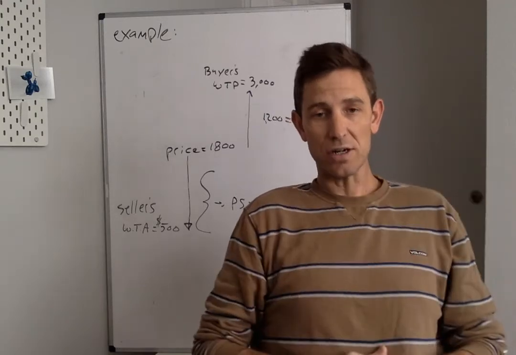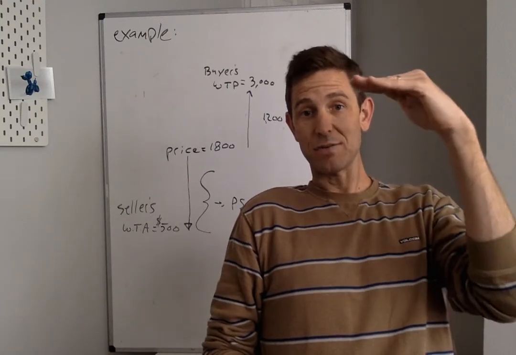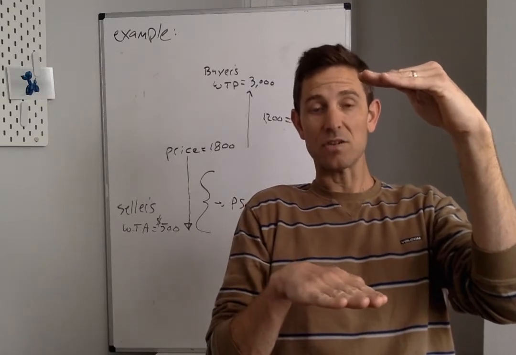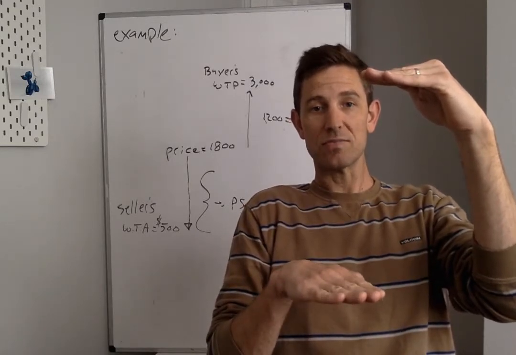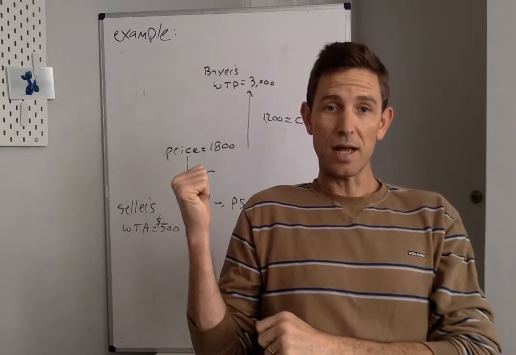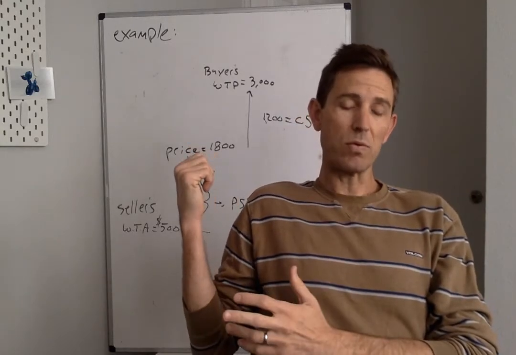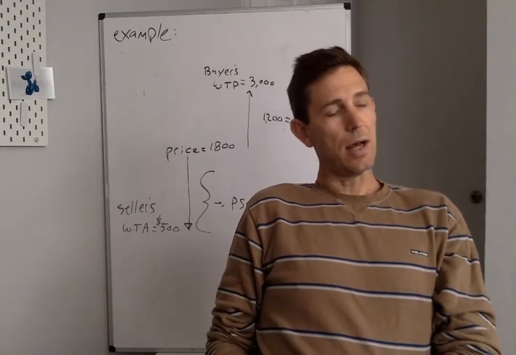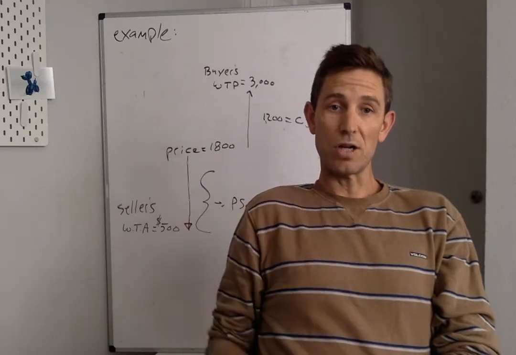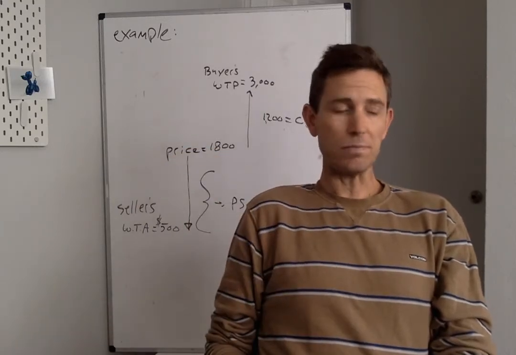And so for a seller, that difference between the price that they receive and the lowest price that they're willing to take is called producer surplus. That's what we want to learn how to measure and identify in working with these problems. Those definitions I'll link in the description in the module as well, so you don't need to rush to write those down.